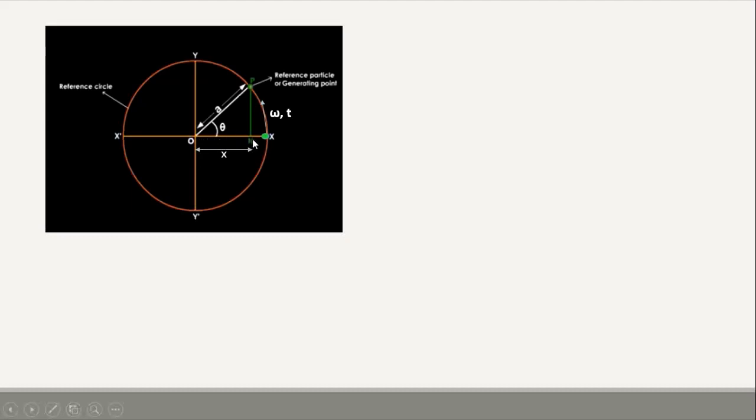This ON is the displacement of the projection N of this particle P on X dash. You can easily find it out by applying simple trigonometry. If you take this small triangle, ON is the adjacent side and OP is the hypotenuse.